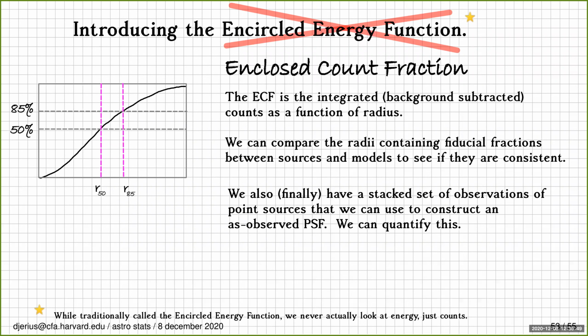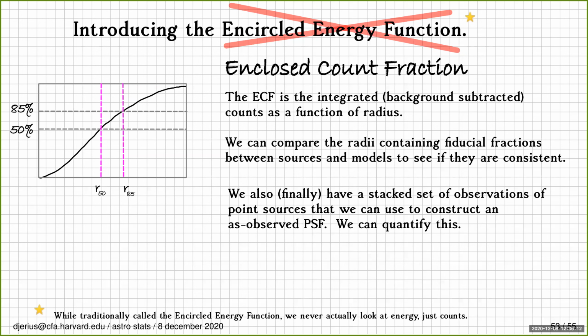It goes from 0 to 100%, or 0 to 1 if you're doing fractions. And you measure the radius at a particular energy or particular fraction and use that as the fiducial measurement. You say, well, R50 contains half of the counts. R85 contains 85%.